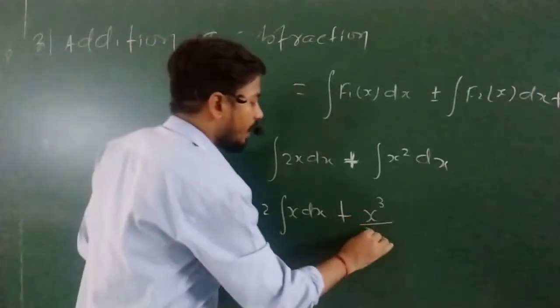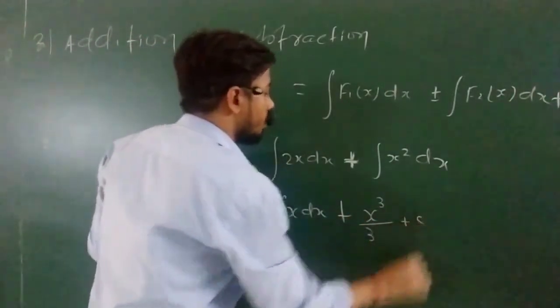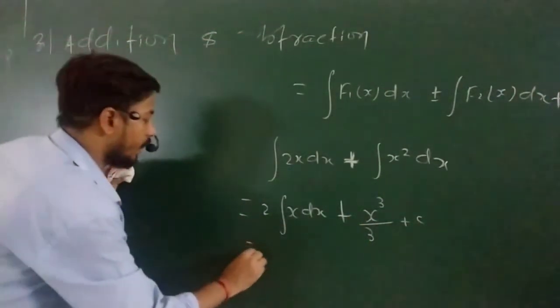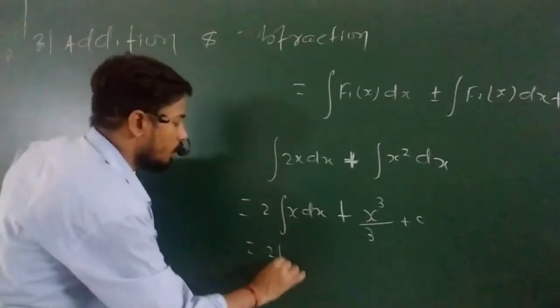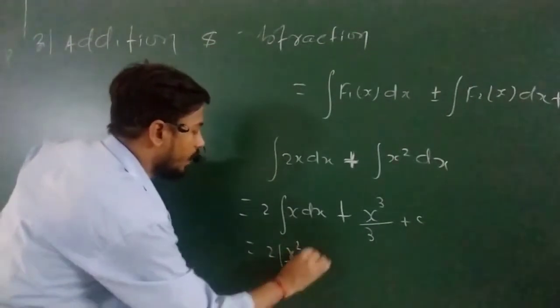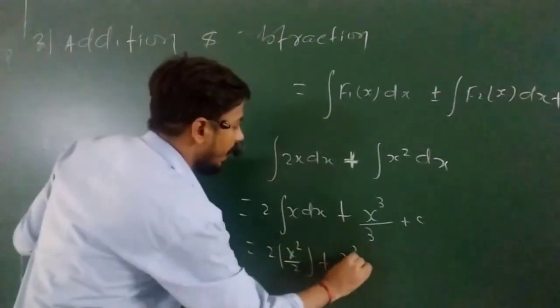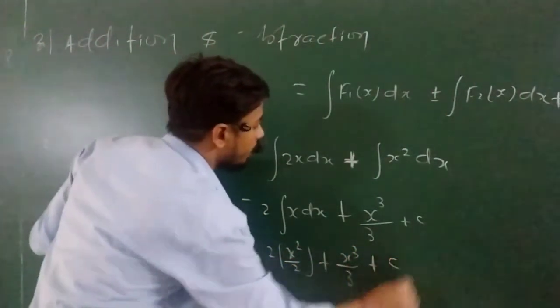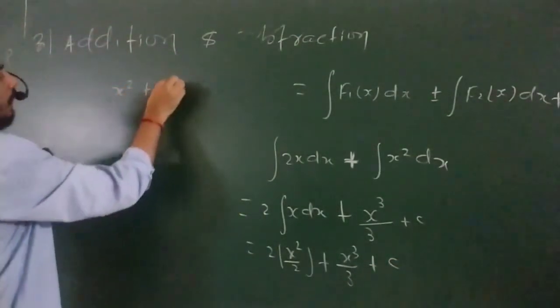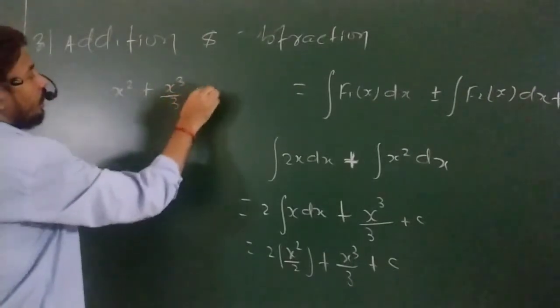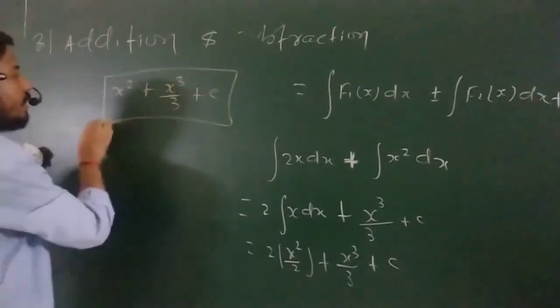Plus some constant c. Now this x has power 1, so 1 plus 1, 2. So this becomes x square by 2 plus x cube by 3 plus some constant c. So the result is x square plus x cube by 3 plus c.